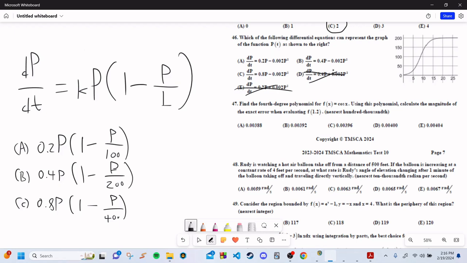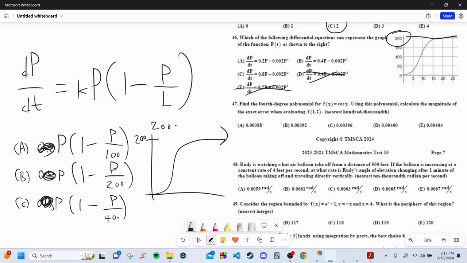Again, the constants don't really matter. What we're going to look at here are the different L's. And remember, that value is what determines the carrying capacity. If we look at our graph, we see that the carrying capacity is 200.